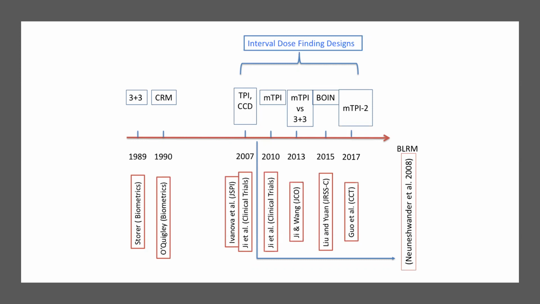They're a little bit more like a black box design, whereas these model-assisted designs are really nice because they're very familiar to the 3+3 in that you can basically have a decision table pre-tabulated before you even begin, but they're more powerful than the 3+3, which I'm hoping to convince you of today.